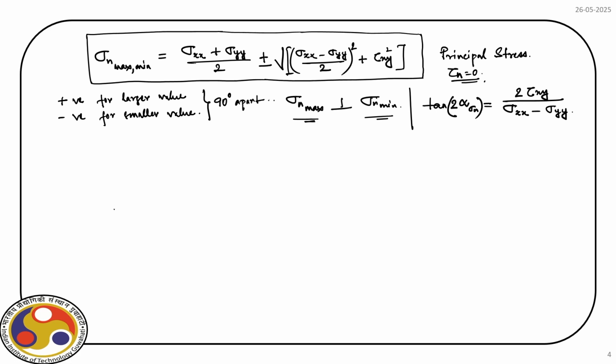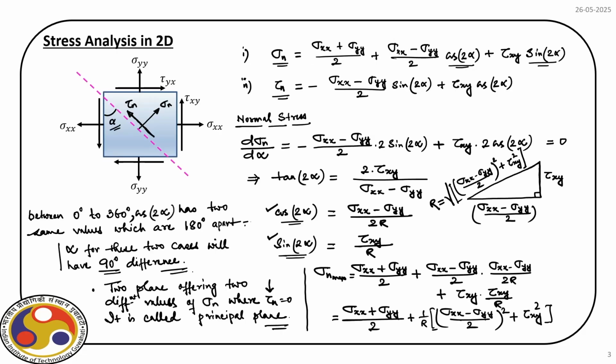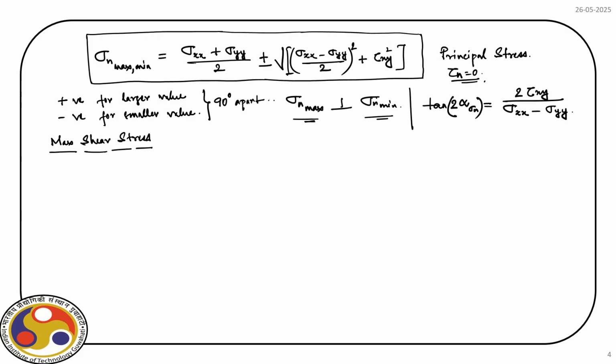Now, let us do the similar exercise for maximum shear stress. So, what will we do in this case? We have already identified the expression for shear stress at an angle alpha. Then we will differentiate this expression of tau n with respect to alpha and then equate it to 0.